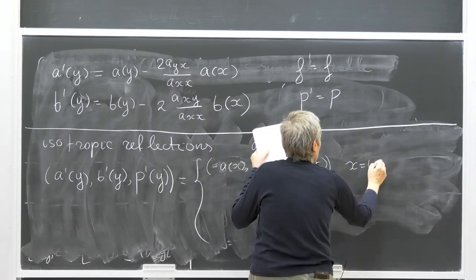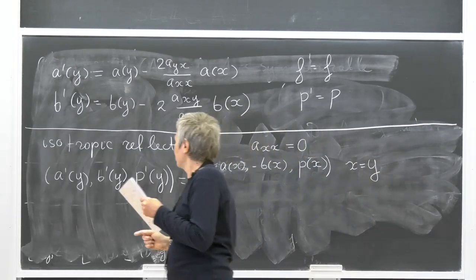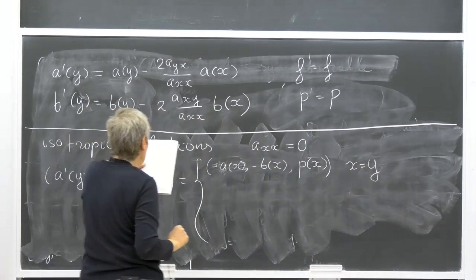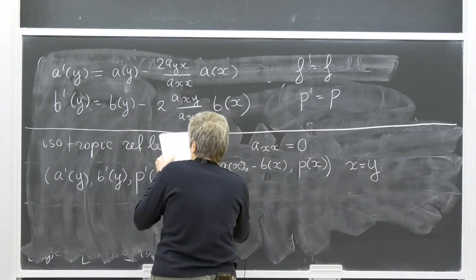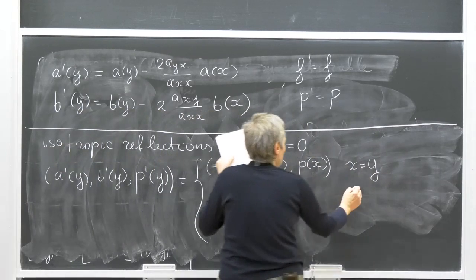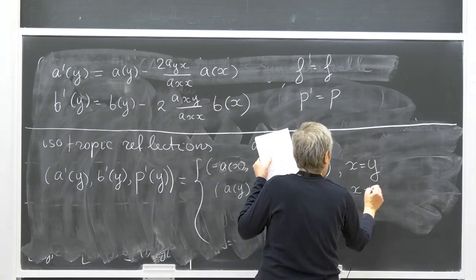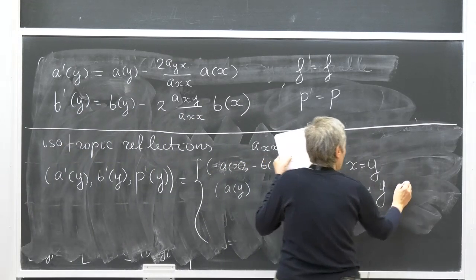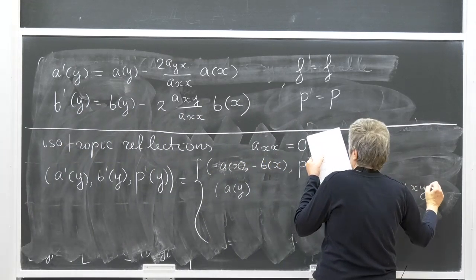So first thing, what happens if the index X is the same as Y? We do not change anything for Y if X is not equal to Y and A X Y is 0.